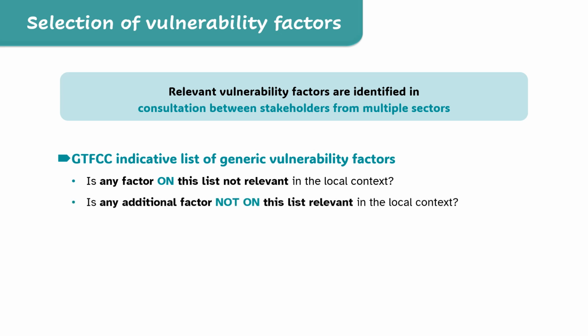In addition, whether any additional vulnerability factor not included in the indicative list is of particular relevance in the country-specific context is also assessed. If you are unsure about what the indicative list of generic vulnerability factors is, we encourage you to go back to Module 1 of this course.